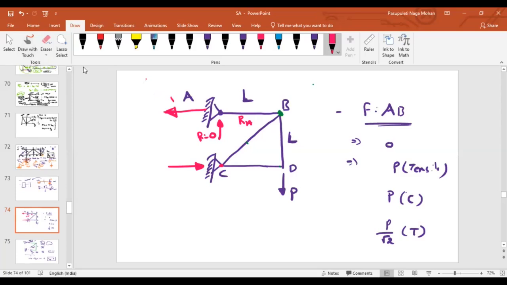The clockwise moment P into L should be equal to the anti-clockwise moment, RH into L. So this is P, then this is also P. Problem is over.